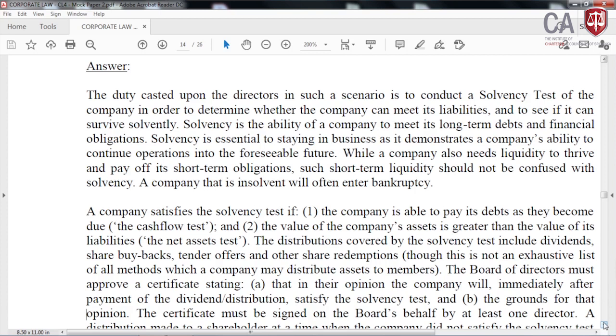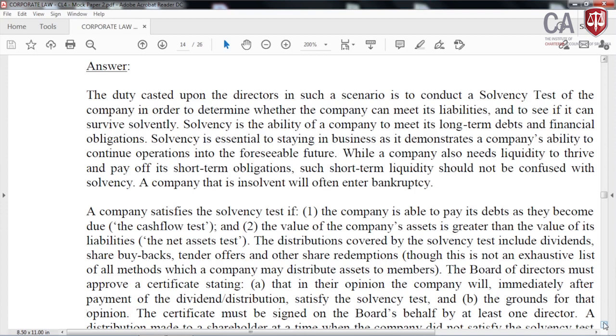A company satisfies the solvency test if the company is able to pay its debts as they become due, what we call the cash flow test, and the value of the company's assets is greater than the value of its liabilities or debts, what we call the net assets test.